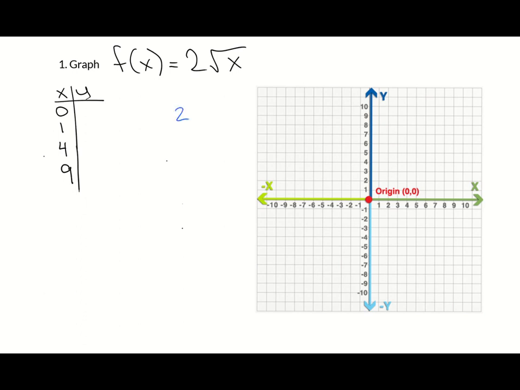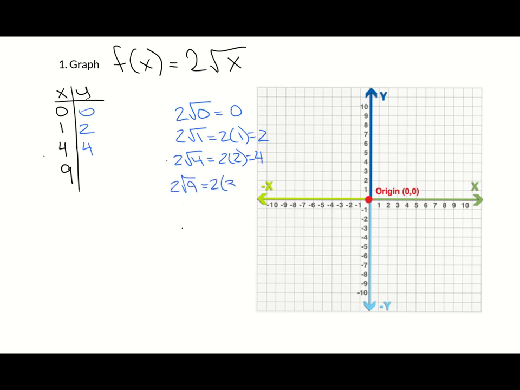So for instance, 2 times the square root of 0 is just 0. 2 times the square root of 1 is 2 times 1, so that's 2. 2 times the square root of 4, the square root of 4 is 2, so 2 times 2 is 4. And 2 times the square root of 9, the square root of 9 is 3, and 2 times 3 is 6.